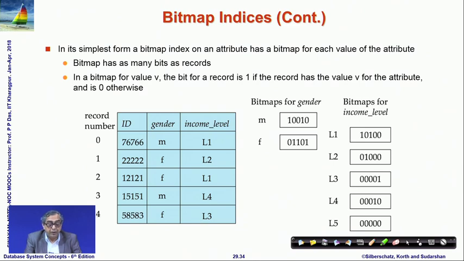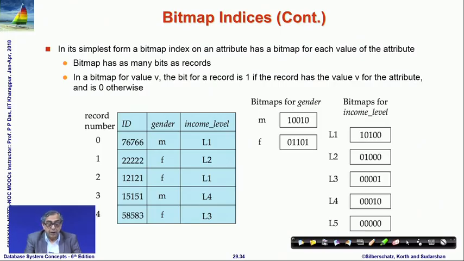If you look at record 0, 76766 has male gender M, and therefore, in the male bitmap, the first bit is 1, and in F it is 0. So, actually M and F are complementary. Similarly, for the income levels, you have 5 different bitmaps encoding the 5 different possible levels of income.